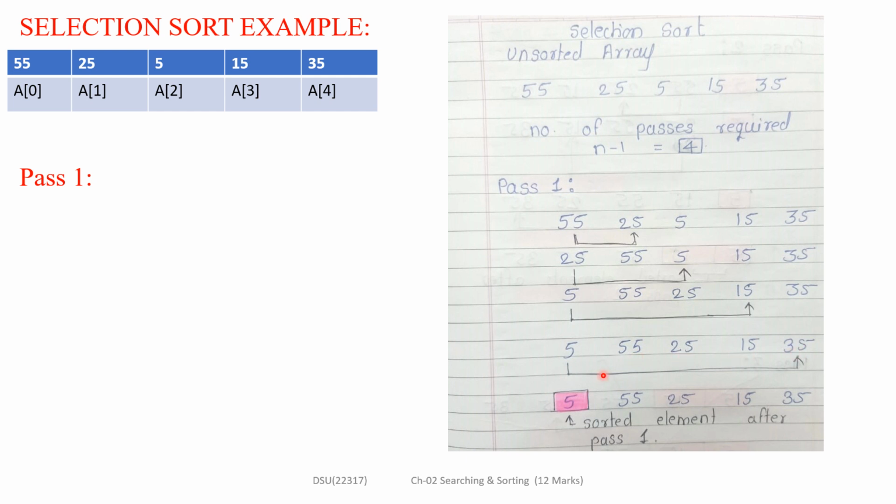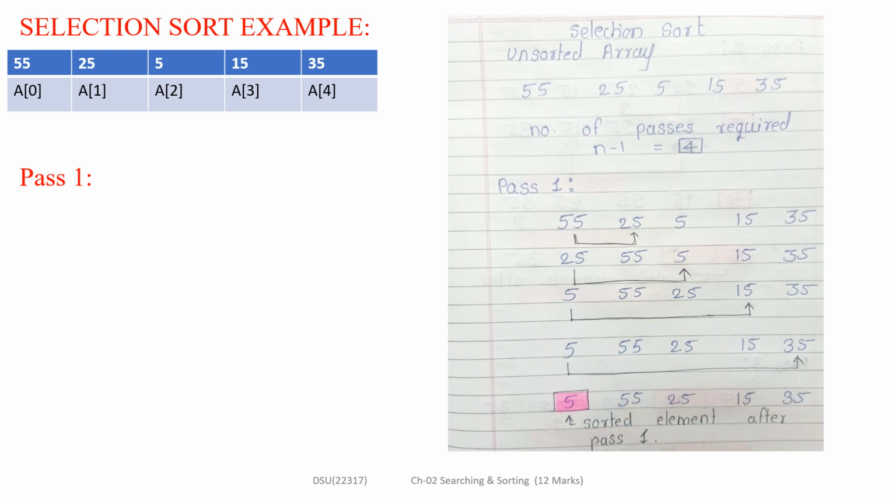Now the first element 5 and the last element 35 are compared. In this, no swapping, because 5 is less than 35. Now we will get the list after pass 1. After pass 1, the first element is the sorted element: 5, 55, 25, 15, 35.